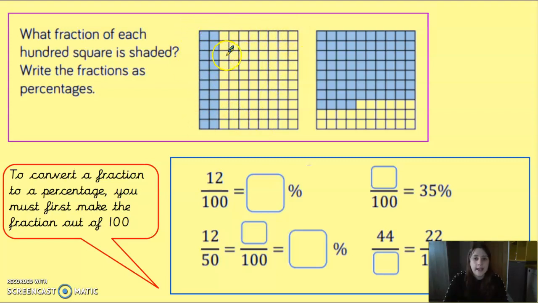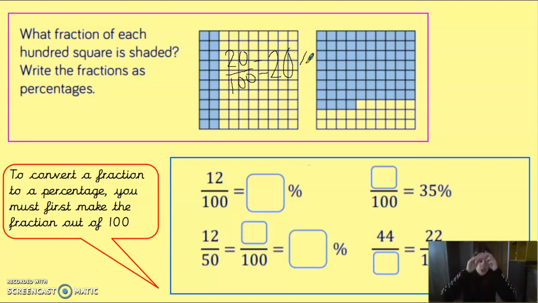So 20 out of 100 of this 100 square is shaded. Now here's the trick. We've got it in a fraction. Because percent means out of 100, I've made my fraction out of 100 already. So the percentage of this square that's shaded is 20%.